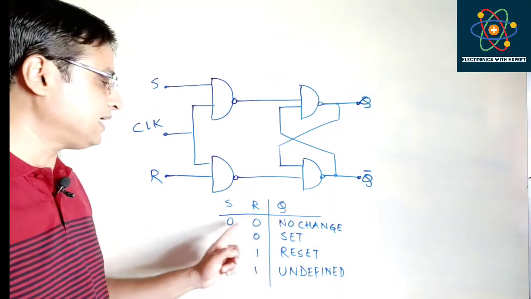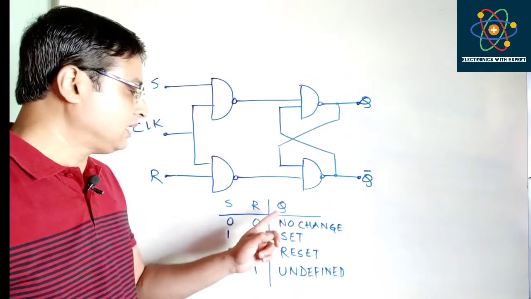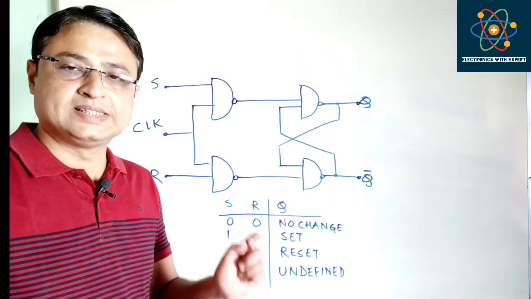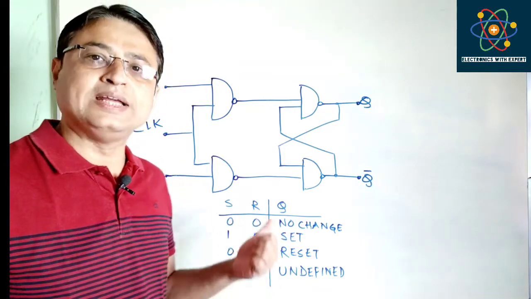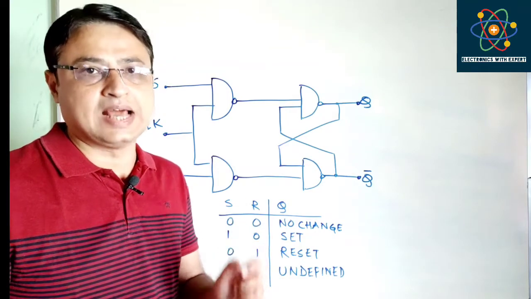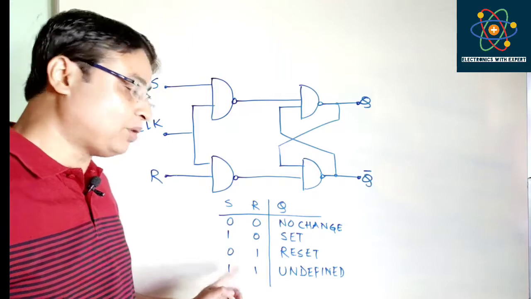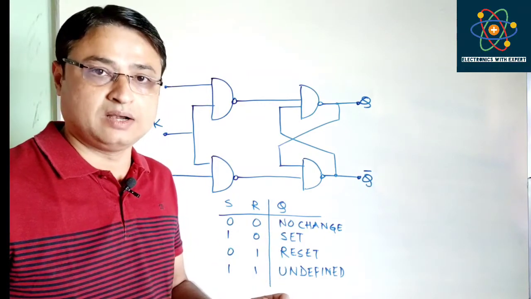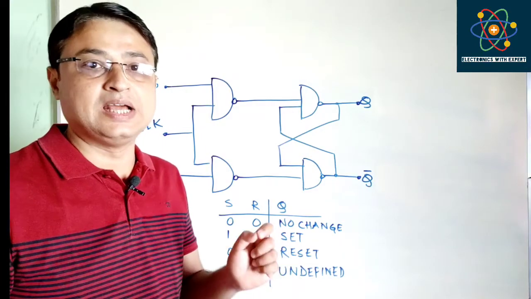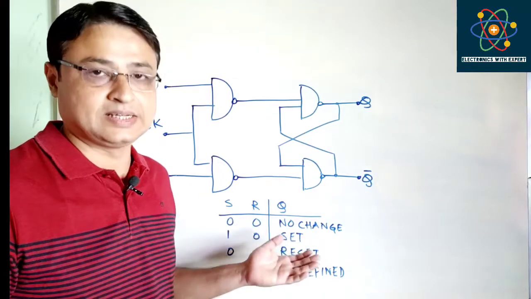Now when S and R both equal 0, then there is no change in the output, that is, it holds the previous output, or in this case the circuit will act as a memory element. And now the most important part, when S=R=1, the circuit is actually undefined. Why it is undefined, I will explain later on.